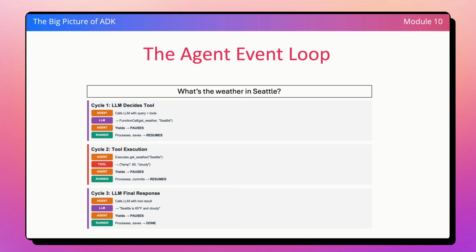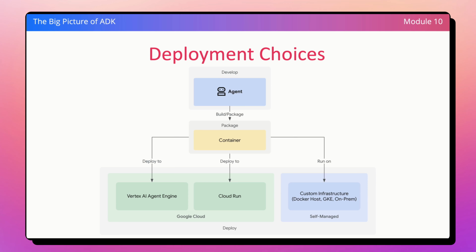All right, once you are done with building the agent, then you have three deployment choices. The good news is the agent is packaged as a container, and this container can be deployed to one of the two managed services of Google Cloud. The first one is the Vertex AI Agent Engine, which is the managed service and responsible for a very scalable runtime.